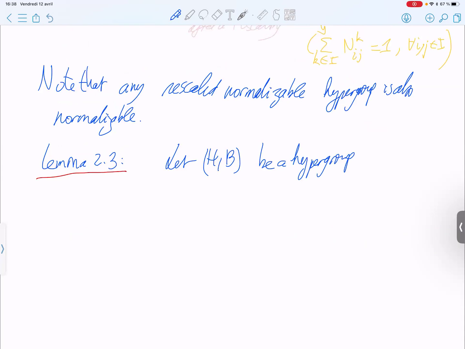But the Burnside property is about the existence of zero in some entry of some column or some row. Okay, so let H be a hypergroup, then. So let me, 3.